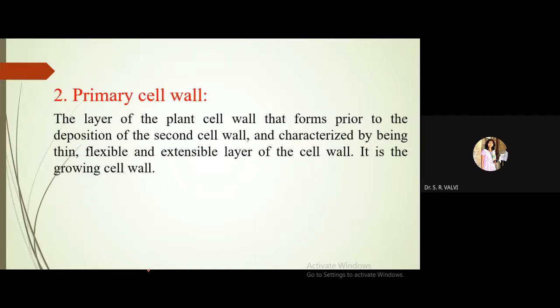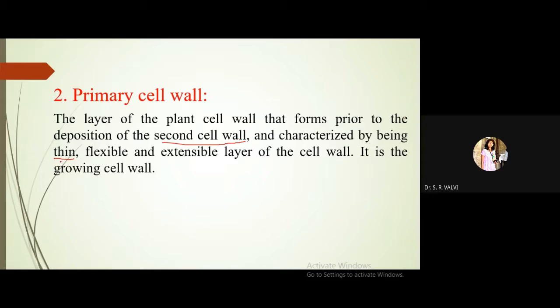Now, next is primary cell wall. So right now what we have seen is middle lamella. Next to middle lamella, another wall is present. So here, see, it is the layer of plant cell wall that forms prior to the deposition of the secondary cell wall, and it is characterized by being thin. See, this is a very important characteristic of primary cell wall.